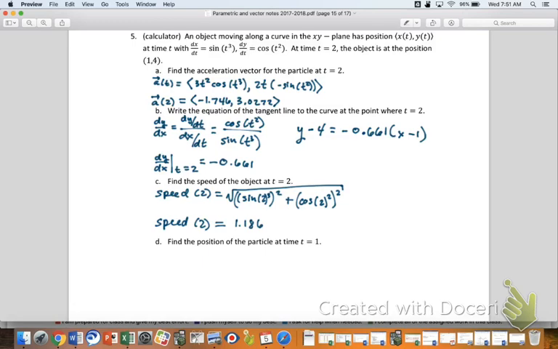Again, please show us your solution once you've got it for part D.